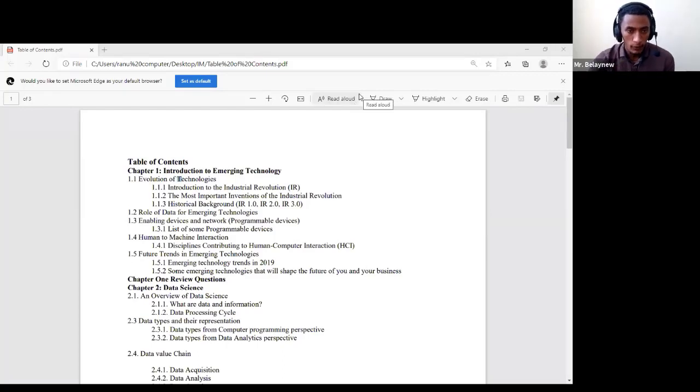Whereas for a general purpose device or general purpose computer, by changing only the computer software, we can use a single computer for multiple purposes. For example, we can use your mobile phone for different purposes: for reading, for gaming, for calling, or for communicating using text and so on.